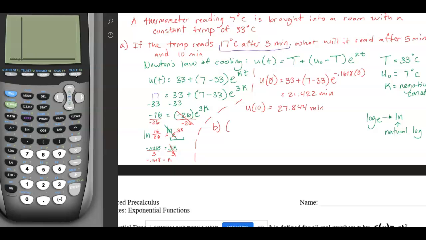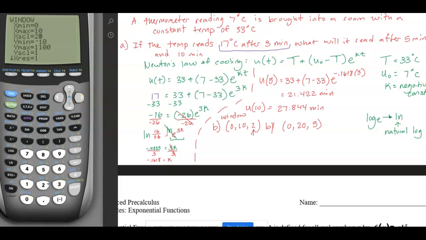it'll give coordinate points like this: 0, 10, 2, 5, 0, 25. What this means is it wants your window set from 0 to 10 by increments of 2.